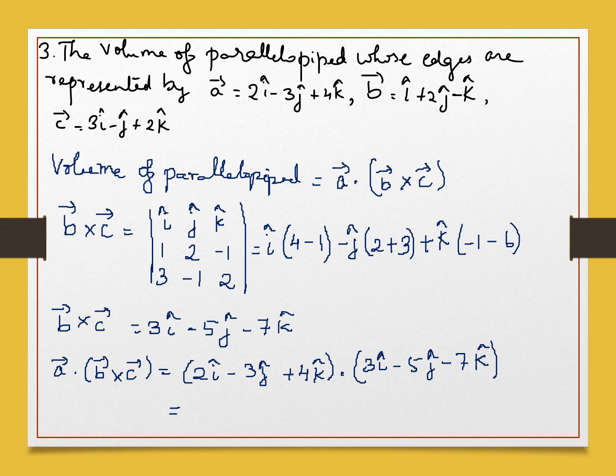So 2 into 3 is 6, minus into minus will become plus, 3 fives are 15. Then plus into minus will become minus, 4 sevens are 28. So 15 plus 6 will become 21, minus 28. So we will get the answer as minus 7. We can ignore the minus sign and the volume we have obtained is 7. That's the answer for this question.